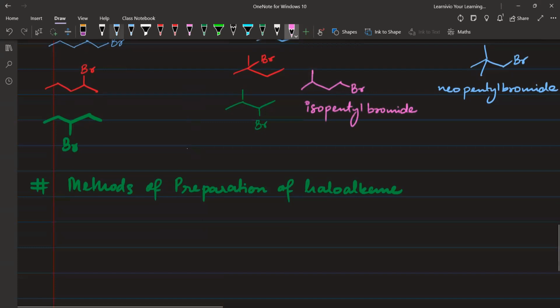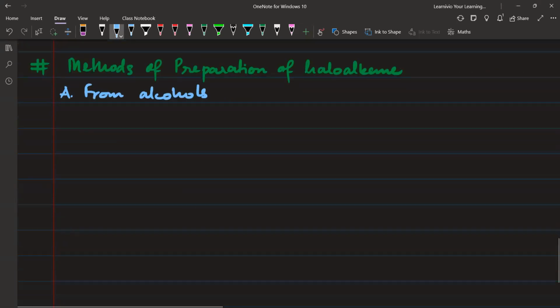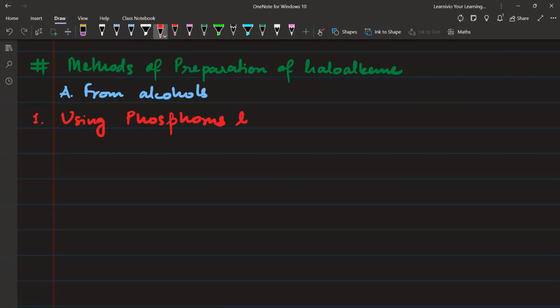In method of preparation of haloalkane, and we are going to shorten it to MOP in the next cases. Method of preparation of haloalkane means first of all you write from alcohols. The A part is from alcohols. Now, in alcohols, the number one part that we are going to see is using phosphorus based reagents.